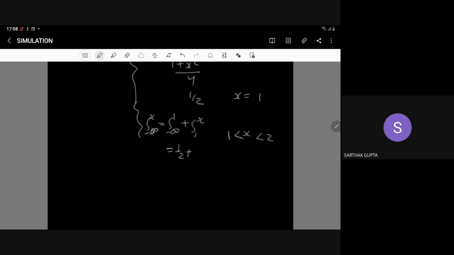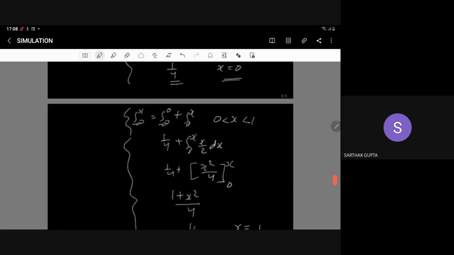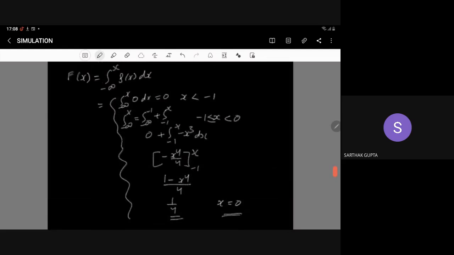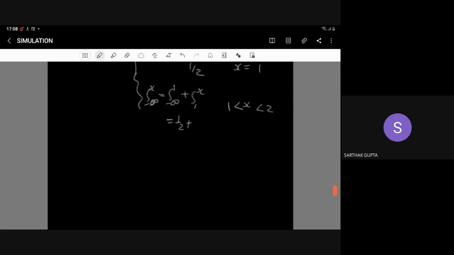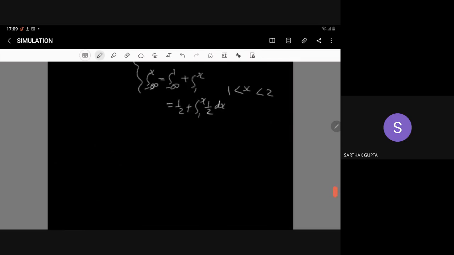Now for the 1 to x, the integrand is 1 by 2. So the integration from 1 to x of 1 by 2 into dx will be x by 2, from 1 to x.